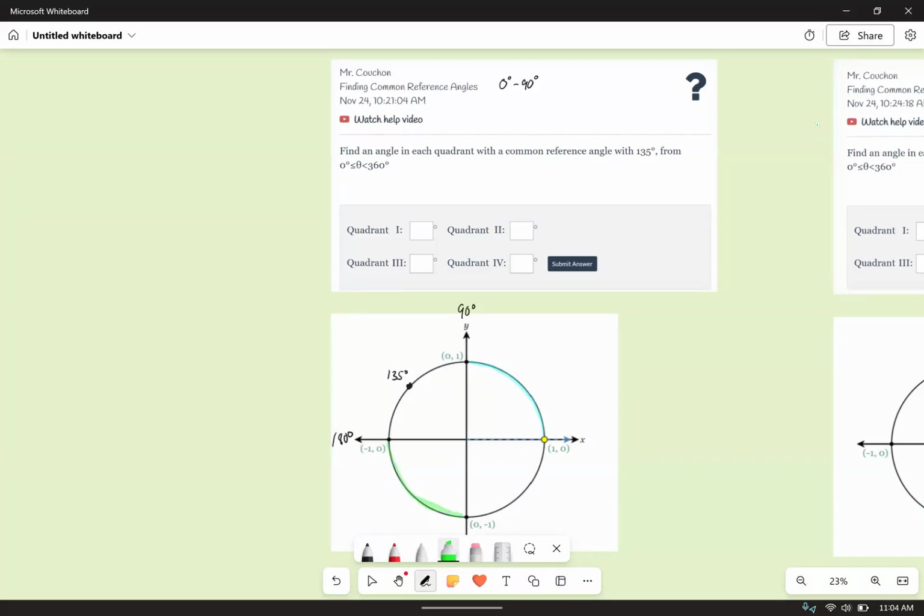Now in the first quadrant, we have about this area right here. And to find out exactly what that is, we can take that 135 and subtract 90 degrees. And that's going to give us exactly 45 degrees. So 45 degrees is the reference angle.